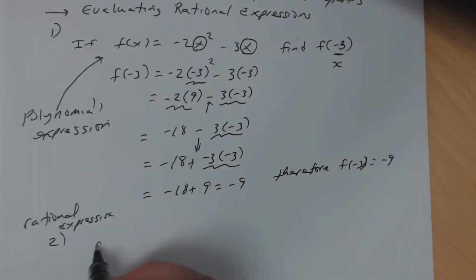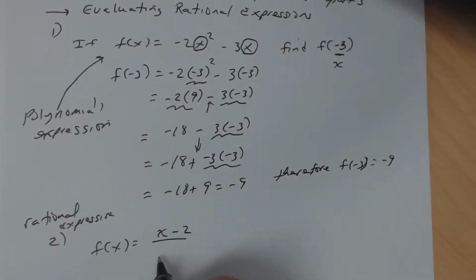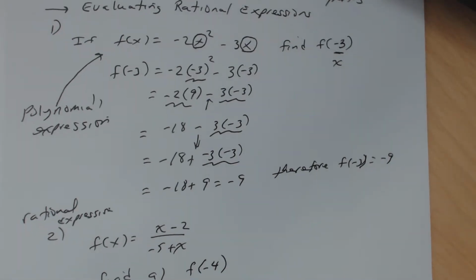Let's suppose that f of x equals this rational expression, x minus 2 divided by negative 5 plus x. And let's say you want to find f of negative 4.